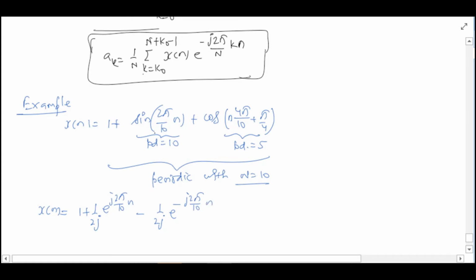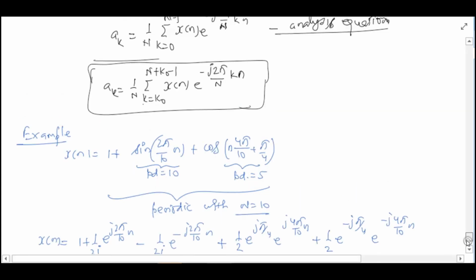This is by just writing the first sinusoid in terms of complex exponentials. Similarly, the second term can be written as the summation of the following two terms: half e raised to j pi by 4 e raised to j 4 pi by 10 n plus half e raised to minus j pi by 4 e raised to minus j 4 pi by 10 n.